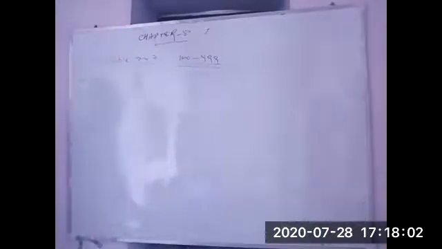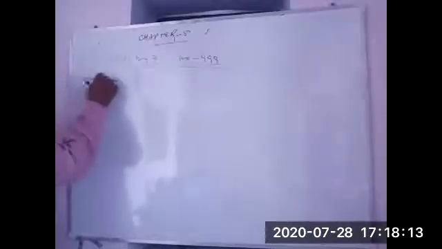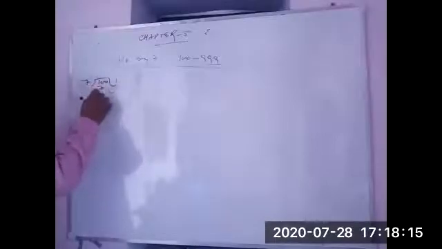Up to 999 the maximum numbers can be possible there. Okay. Yes. So now we first have to find the smallest 3-digit number which is divisible by 7. 100 divided by 7, 7 ones are 7.